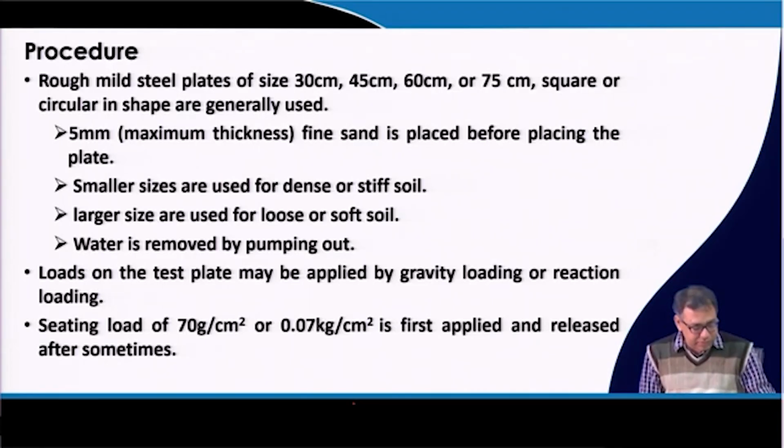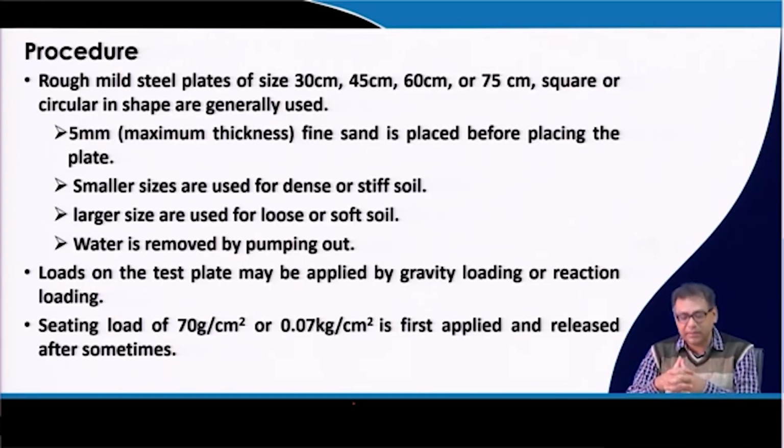So, we can use a rectangular or circular plate of size 30 centimeter, 45, 60 and 75. Why are 30 and 75 the two limits? Because it is observed that if the plate size is less than 30 centimeters, the results you are getting are not reliable. That is why do not use any plate less than 30 centimeter.